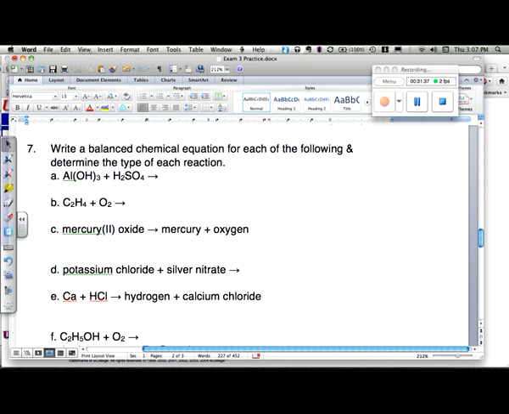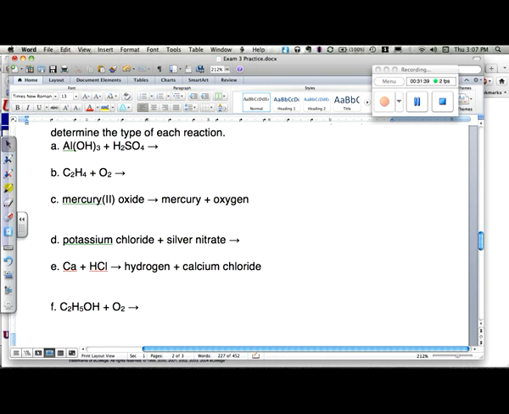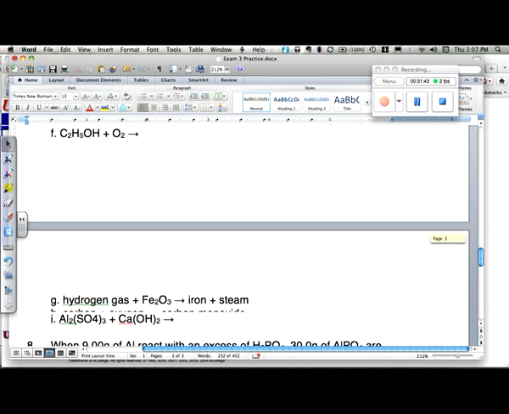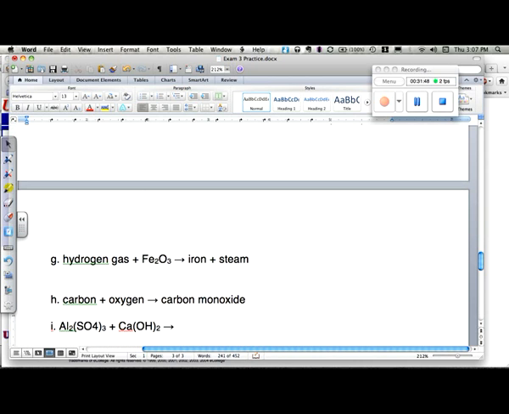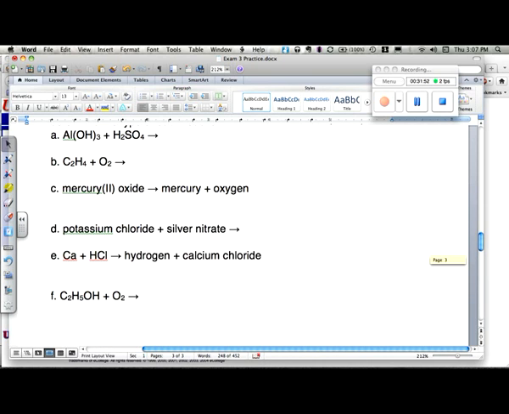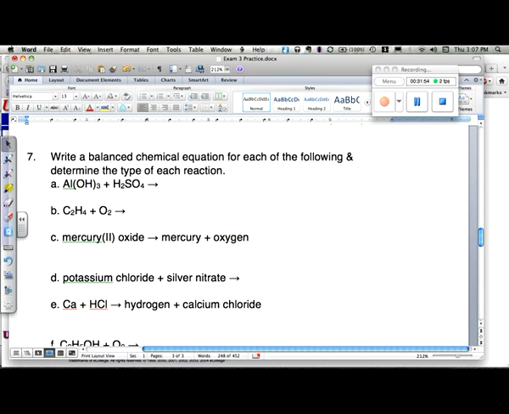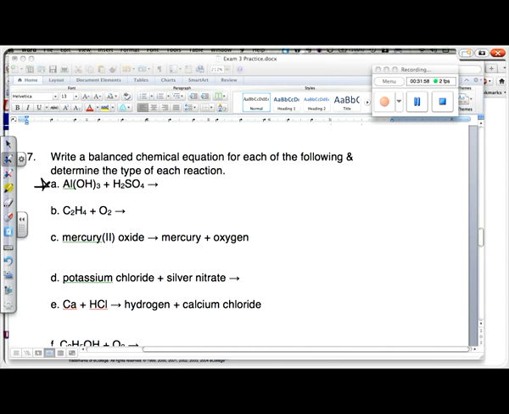And I will remind you of the types. Basically, you need to be able to do double replacements, and you need to be able to finish combustion reactions. So the only types that I'm asking you to finish are these. A is a double replacement. B is a combustion. So you need to be able to do both those types for your exam.